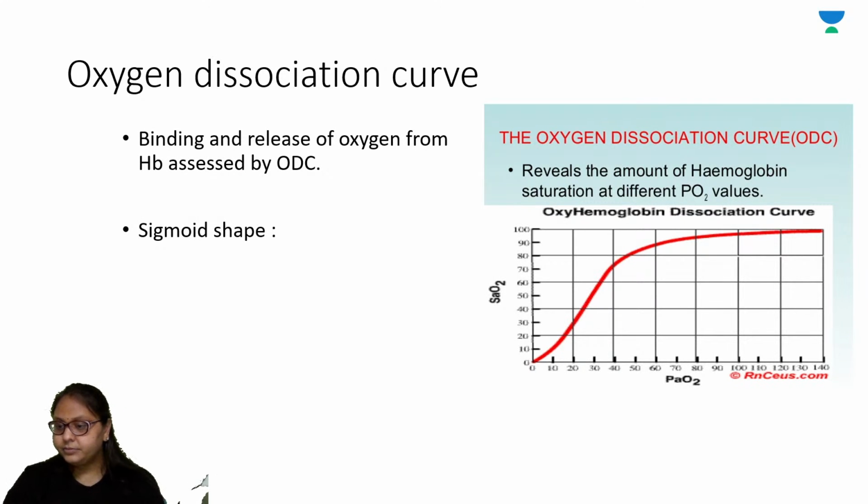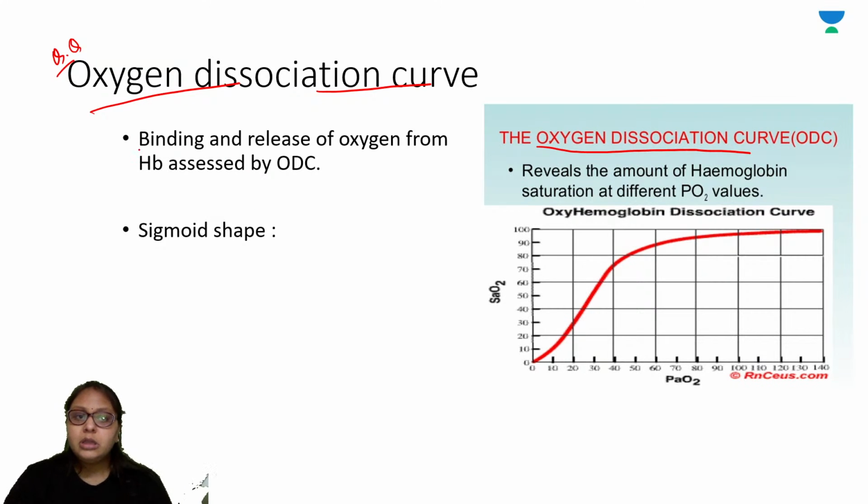Now a very important point, coming to the oxygen dissociation curve. Many questions come on the ODC. What is ODC? What is the oxygen dissociation curve? It is dissociating, so from what is it dissociating? It is dissociating from hemoglobin.